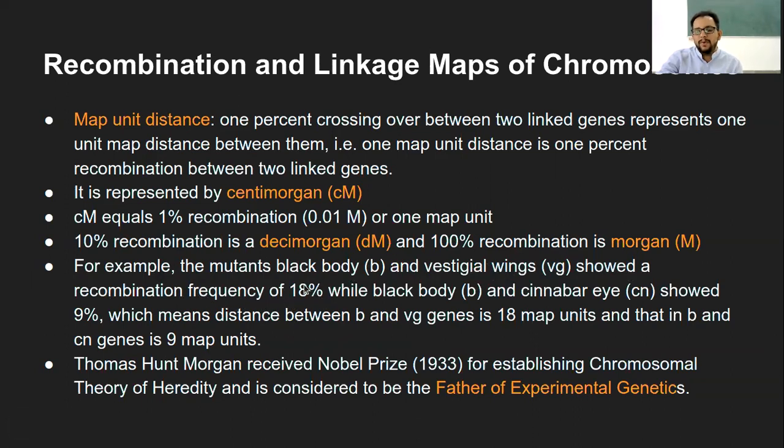That means out of total gametes, 18% chance is that they will exchange with each other. So that means dominant allele with the other dominant allele or dominant allele with the recessive allele, depending on the other allele that it is exchanging with. And the same is the case with vestigial wing.